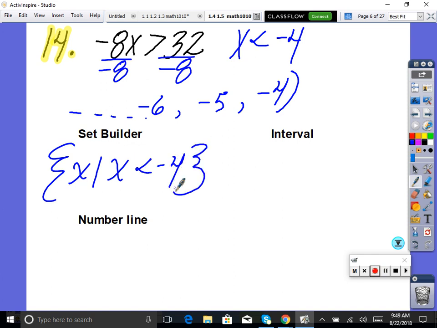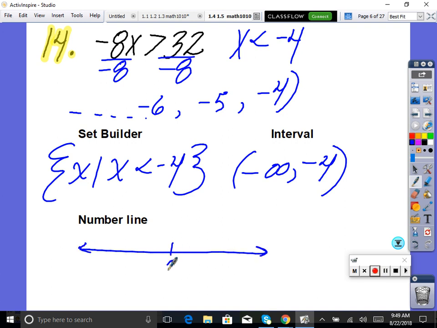Interval notation. Okay, we're going this way forever. Isn't that negative infinity up to negative 4? Good. So the lowest value would be negative infinity up to negative 4. Isn't that the highest value? Parenthesis, parenthesis. Infinity always gets a parenthesis. It's not a number, it's a place. So, all good. On a number line, we draw out a number line. We put a 0 always over negative 1, 2, 3, 4.